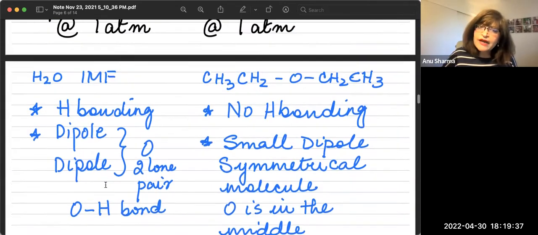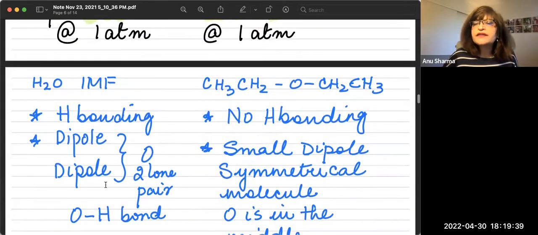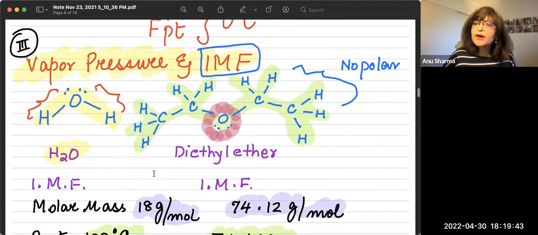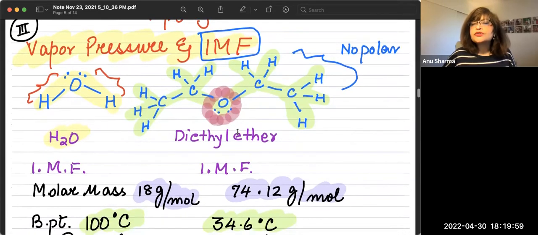Now, what happens in the case of diethyl ether? There is no hydrogen bonding. Yes, there is oxygen with a lone pair, but this oxygen is connected to carbons and not to hydrogen. Hydrogen bonding only occurs if oxygen is there with the hydrogen atom. So the OH bond is not here; it's only the OC bond.